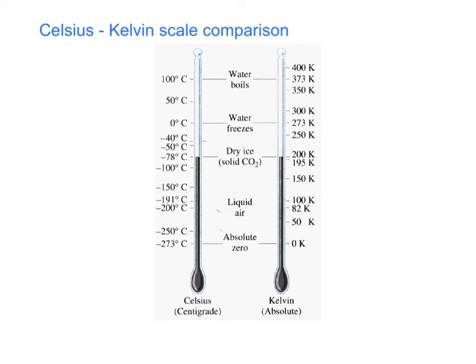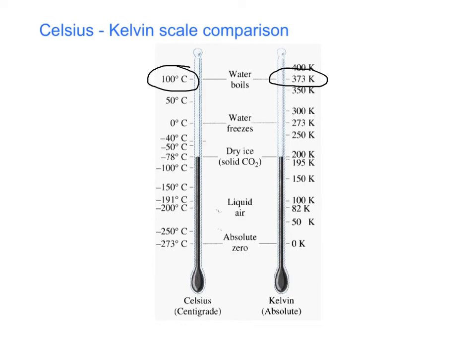So here are two thermometers, one that measures in Kelvin, one that measures in Celsius. You can see that for every 1 Celsius, that's 1 Kelvin. That's a nice thing to know. The first point to look at would be the boiling point of water. In Celsius, that was set at 100 degrees, just arbitrarily. In Kelvin, that is now 373 Kelvin.